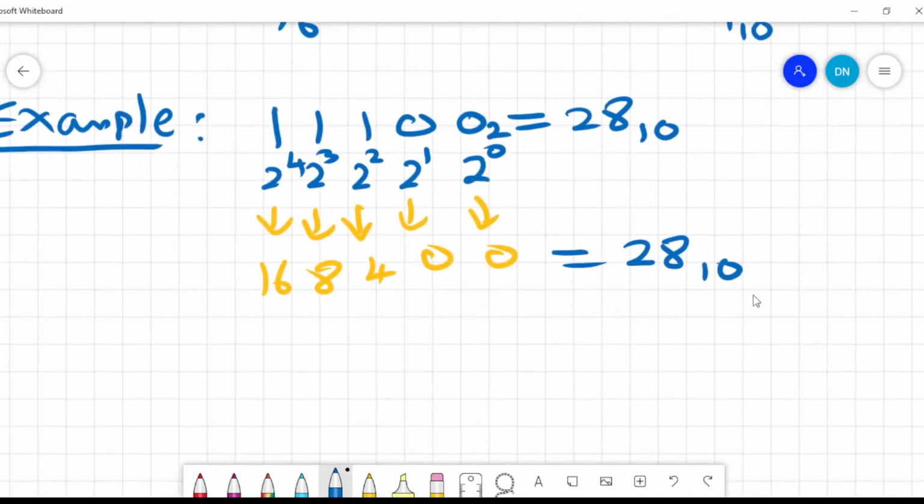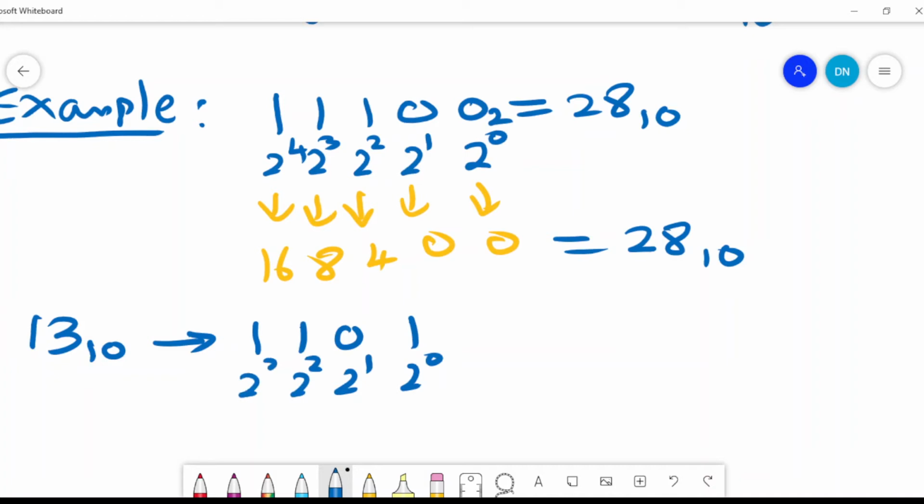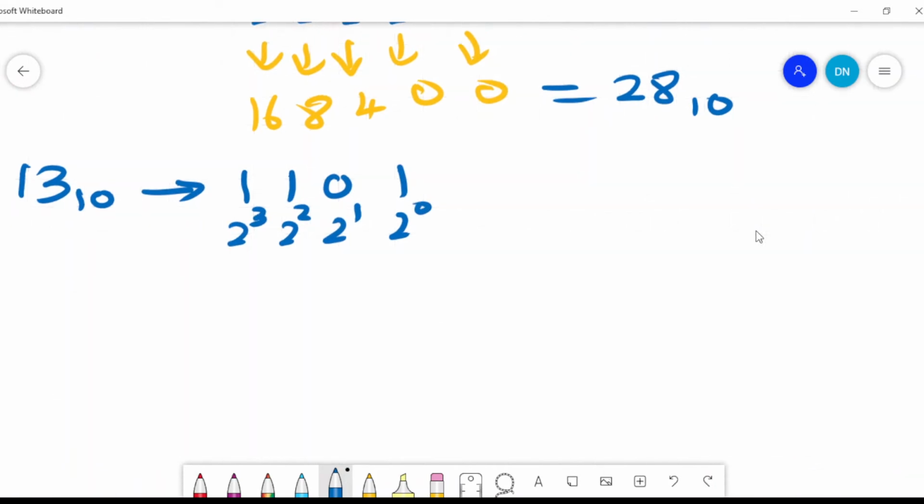We go back to the table that we had, and you look at a number like 13 to base 10. We are told that the 13 to base 10 is 1101. But is that true? This is 2 to power 0, 2 to power 1, 2 to power 2, 2 to power 3. So if you go to that table, we are told that the binary equivalent of 13 decimal is 1, this is 0, this is 4, and this is 8.